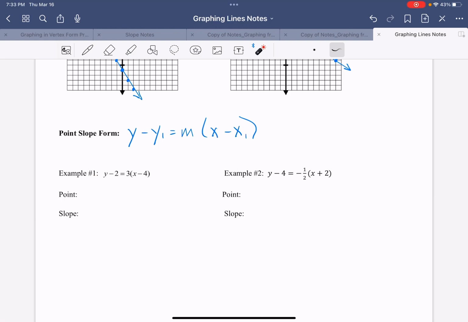All right, and what I mean by that is, take a look here. If I were to tell you what our point is, look at your x right here, right? X is this value here, which is a -4. But you're going to go ahead and make it opposite. Sorry, 4, comma, and then we now have this value here, 2.